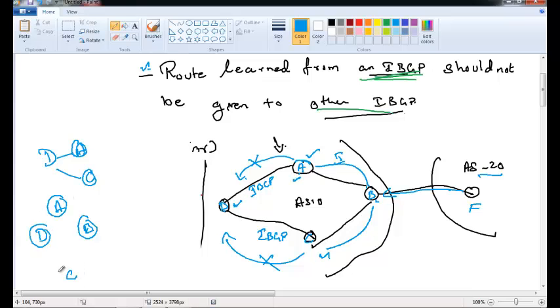Likewise, C and B are neighbors. This is not fully mesh. What is fully mesh? See here, you need D also as a neighbor with A, and D as a neighbor with C.